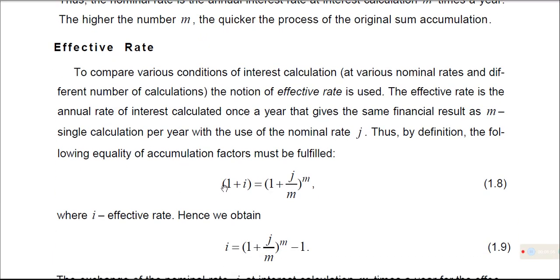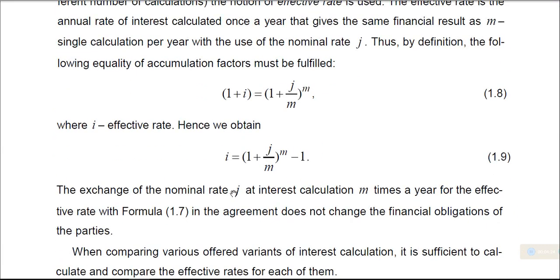So you are familiar with 1 plus i. This is the base that we use for getting the compound interest multiplied by P raised to the power of n, right? So this is equal to 1 plus J over M raised to the power of M, where i is the effective rate.